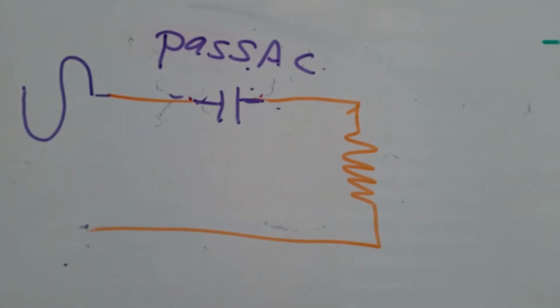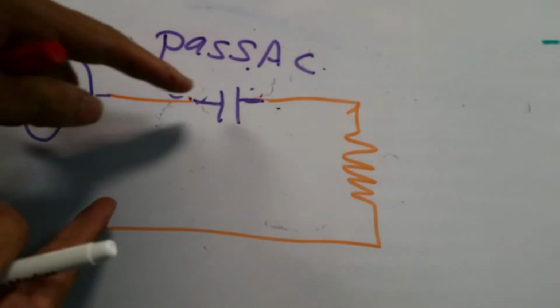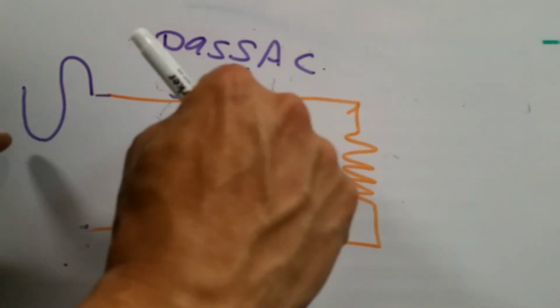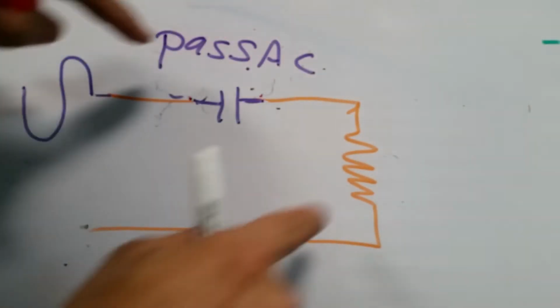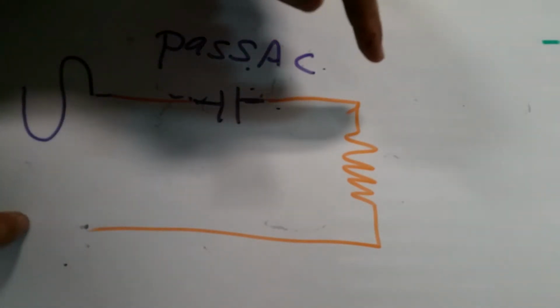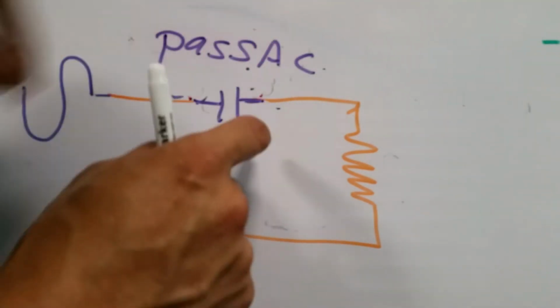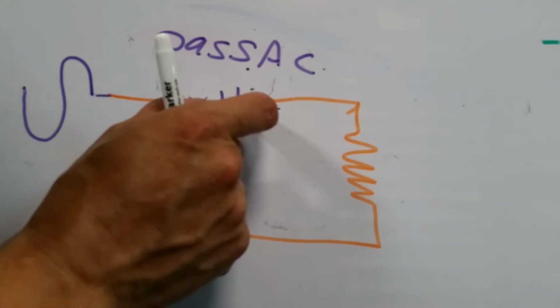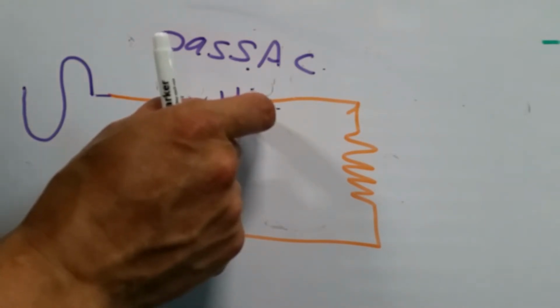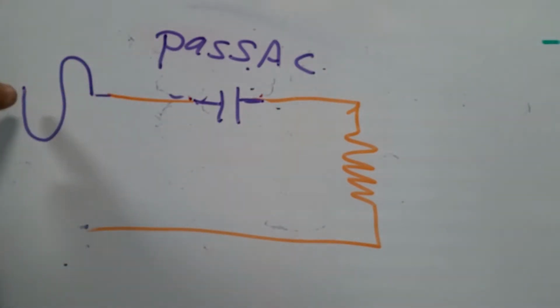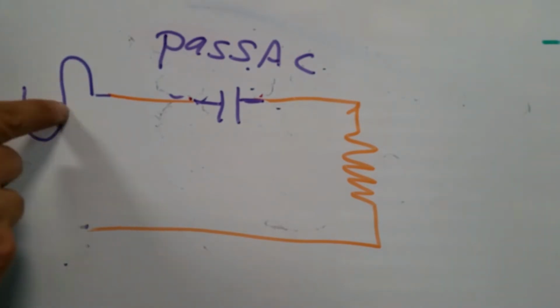AC. So I've got an AC signal over here. Remember, AC means the electrons are traveling first one way and then the other way, going back and forth. Yes, it's true that as electrons come this way, the capacitor will get full, and then it will block the last end of that particular wave.